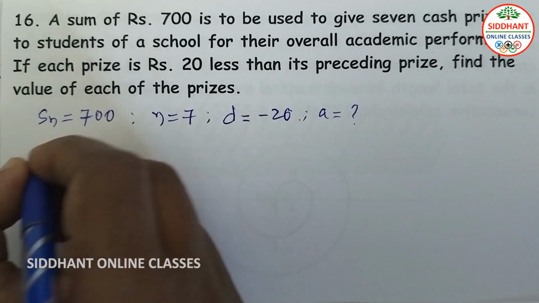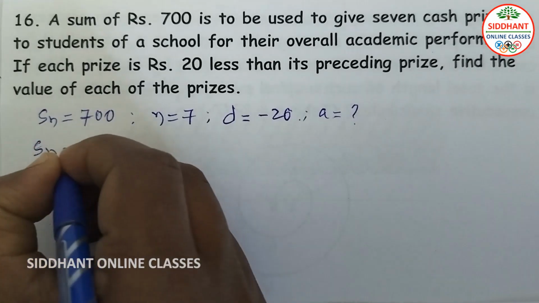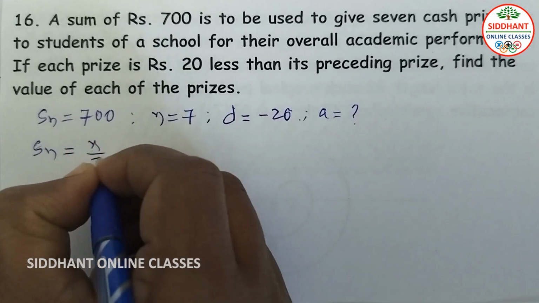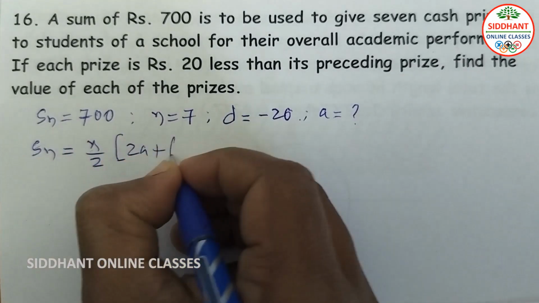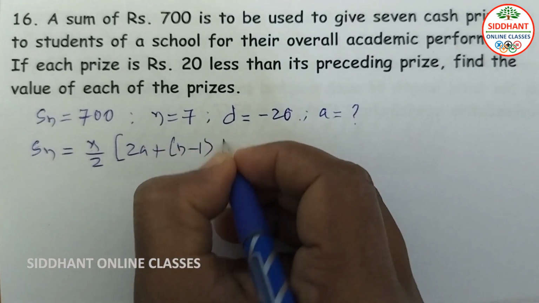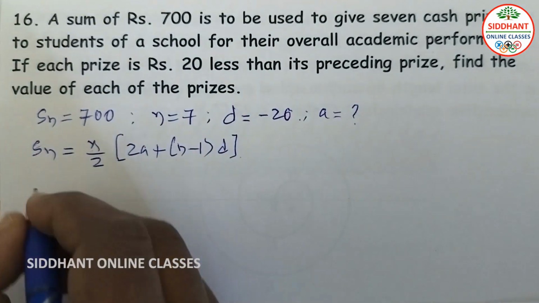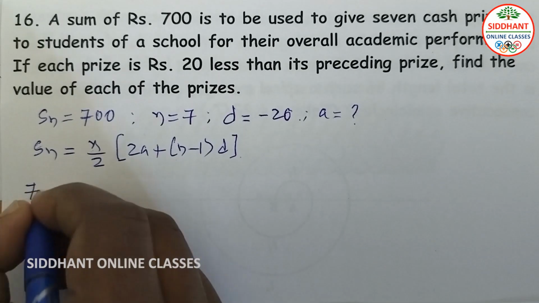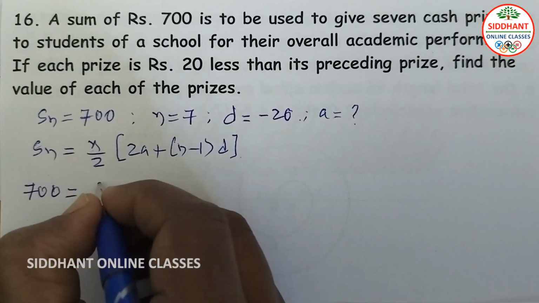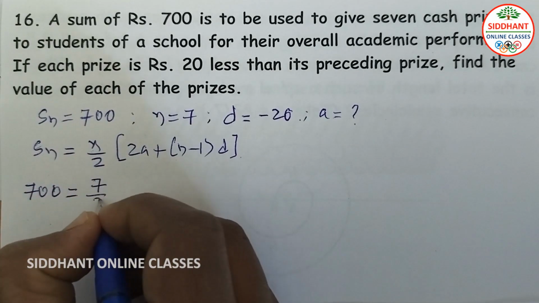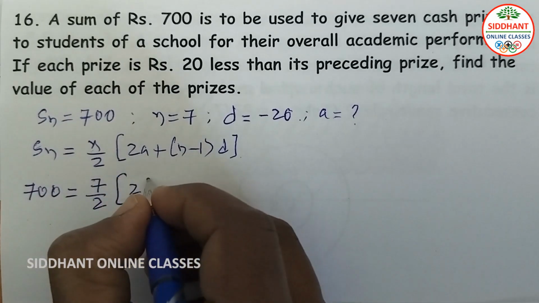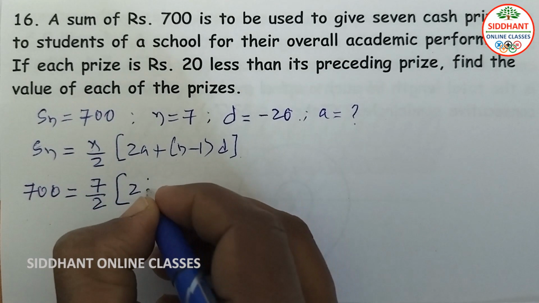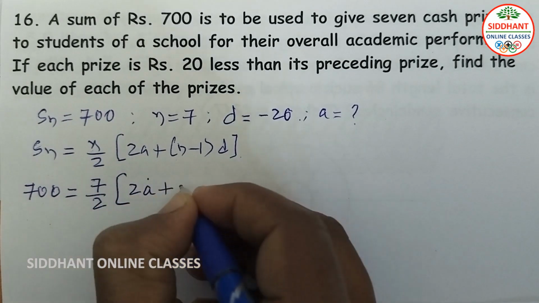So now Sn equal to n by 2 into 2a plus n minus 1 d here. So Sn, which is the sum 700 here, n the items are 7 by 2, 2a, 2 into the first item, we don't know, we are going to find a.